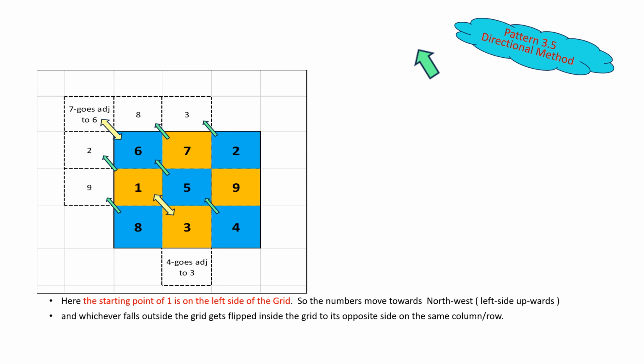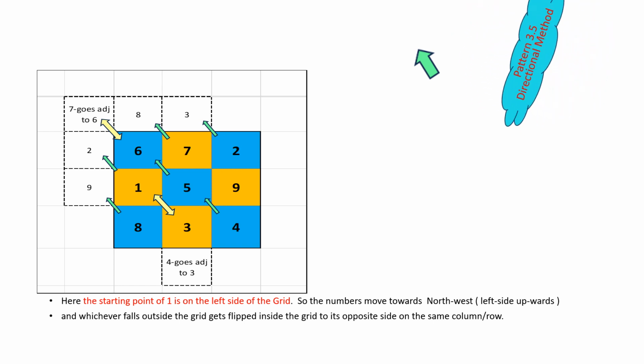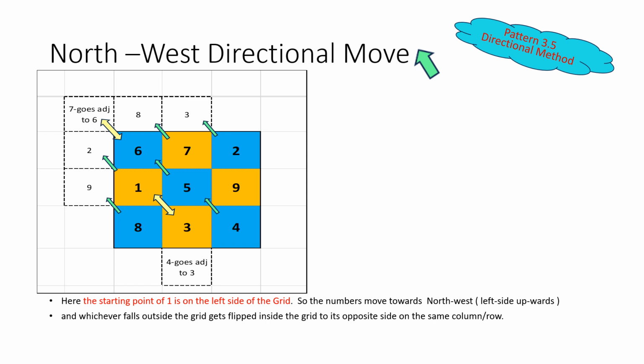Here it comes, the next pattern of filling. Can you guess the name of the direction by looking at its arrow, left side upward? Yes, it's the northwest directional move.